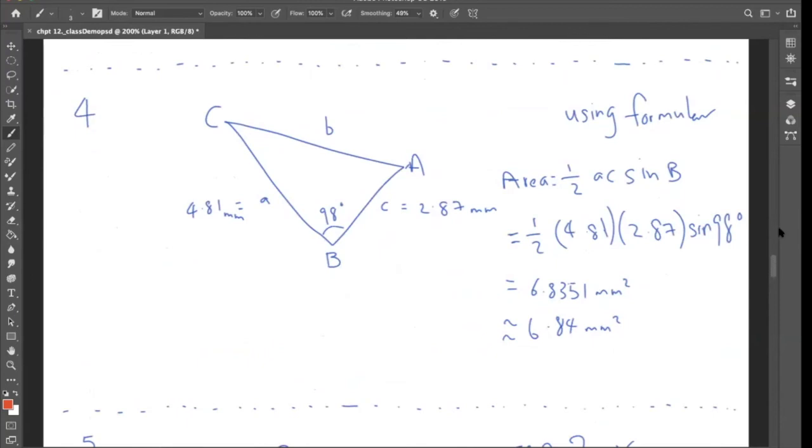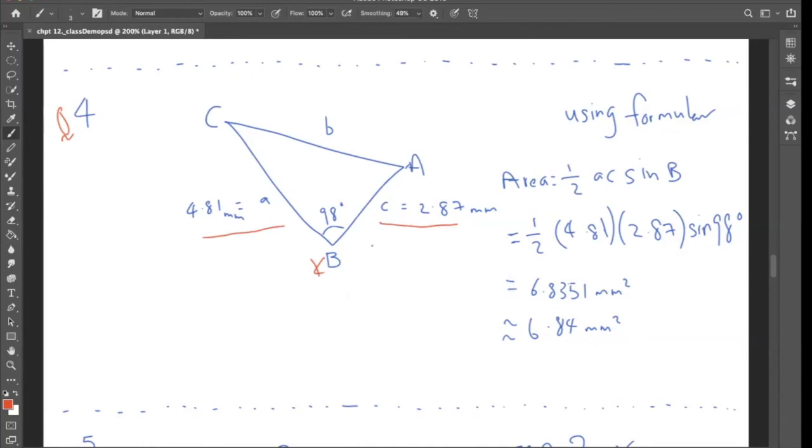We move on to question 4. So once again, I'm going to redraw this. I'm going to draw out the information that's given to me, right? If the diagram is not given. So I know angle B is 98 degrees, right? So side C is this, A is this, height unknown, all right?